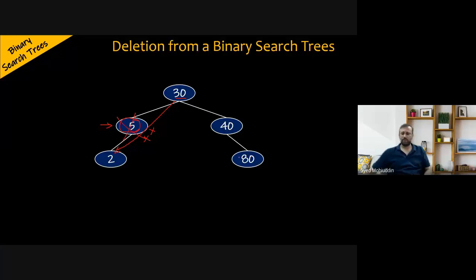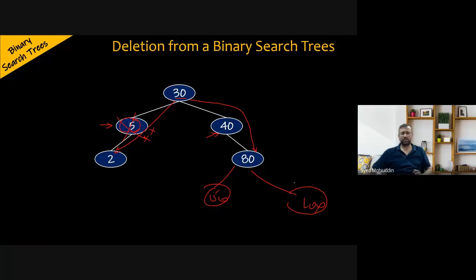In the same way here also, if I have to delete node 40, then node 40 is the right child of node 30. Node 40's children, it may have any other child, let's say 50 or 100, doesn't matter. I simply have to make the right child of node 30 as node 80.